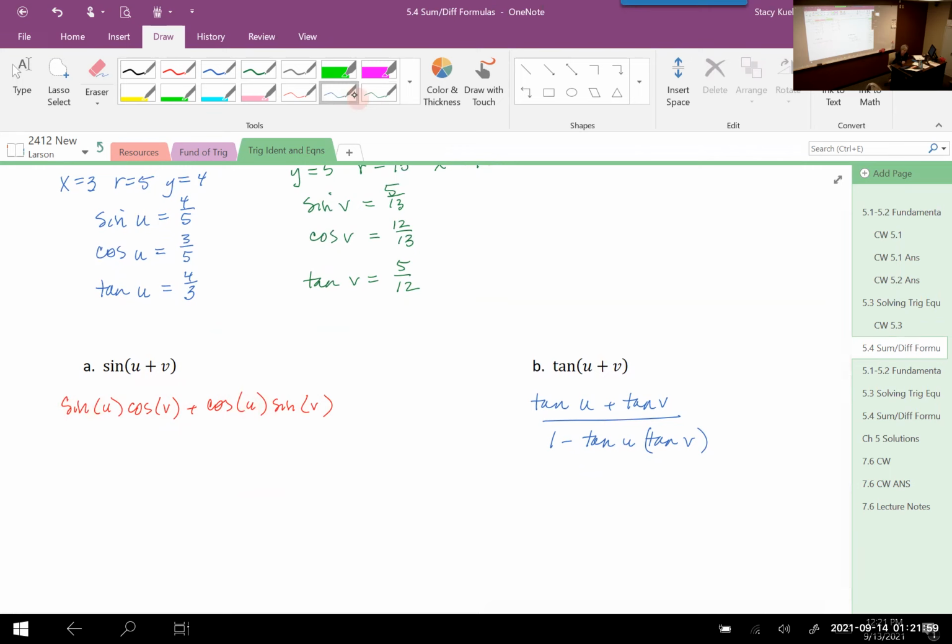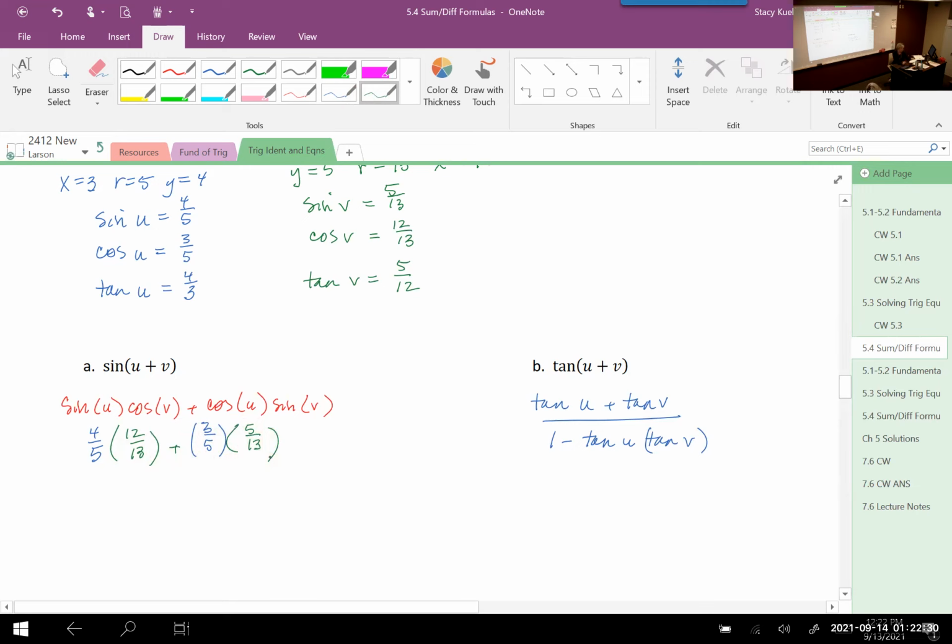So what is the sine of u? Sine of u is 4/5. I'm going to replace sine u with 4/5. What's cosine v? 12/13. Okay, what's cosine u? 3/5. What's sine v? 5/13.